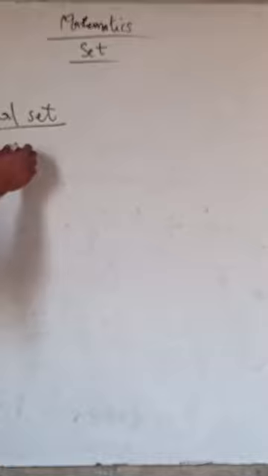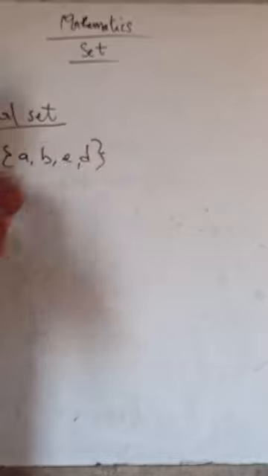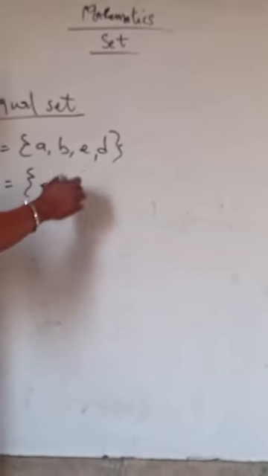What are equal sets? We said that two sets are equal when they contain the same element. For example, look at this now. You have your A, which is A, B, E, D. Let's take it this way. Now you have your B, which is even numbers.